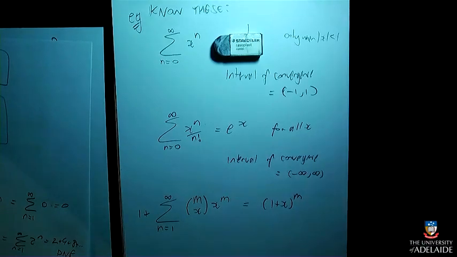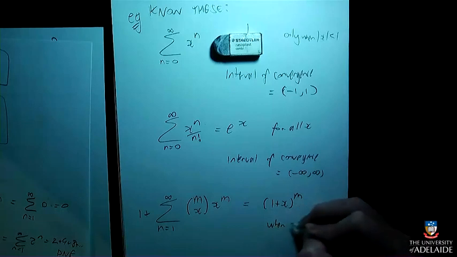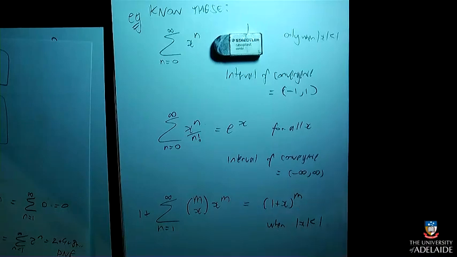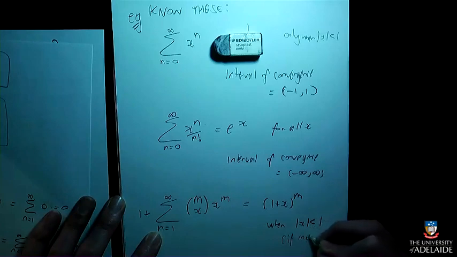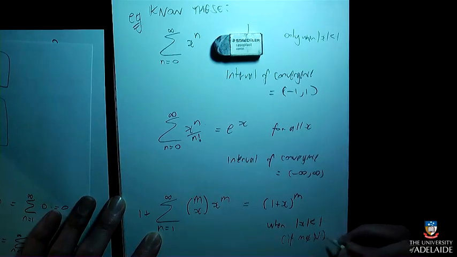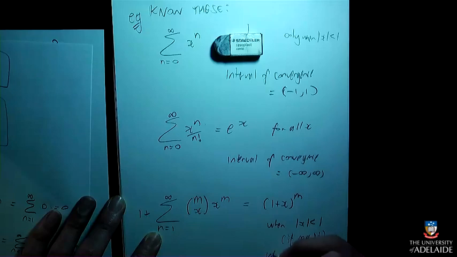Equals that when the absolute value of x is less than 1. Or if m is a whole number, it will converge for every x. If m is not a natural number, and when x is anything, if m is a natural number.